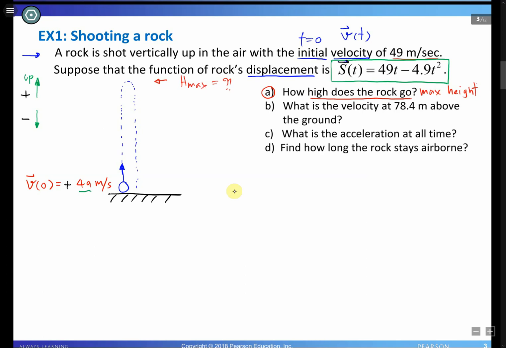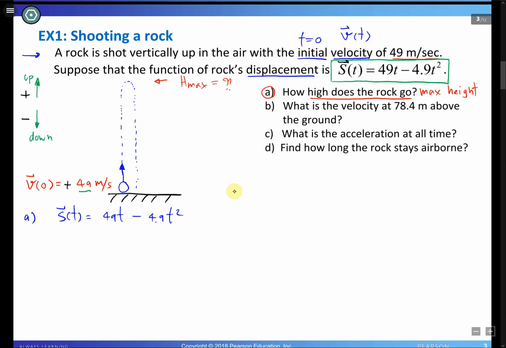A. But before that, let's add down right here for the minus sign. So the down direction has to be negative. Now back to A. Let's start with the displacement function, s of t. Let's bring that down here. S of t equal to 49t minus 4.9t squared.